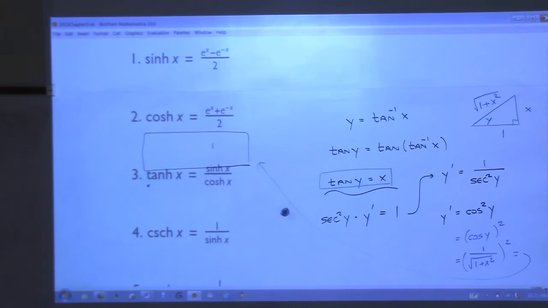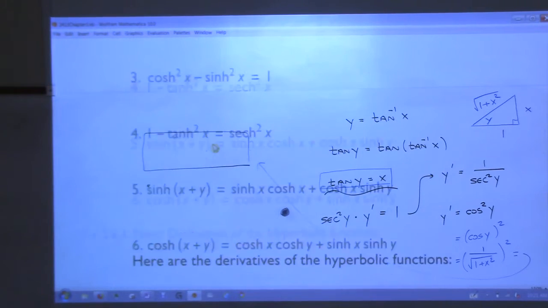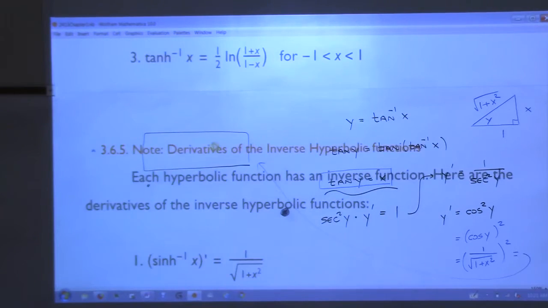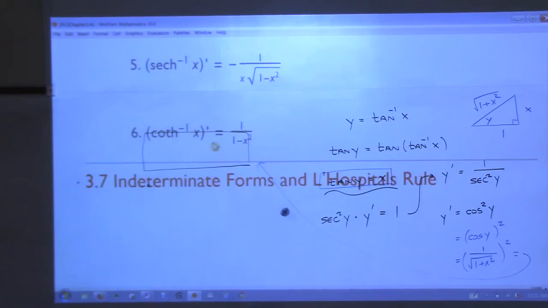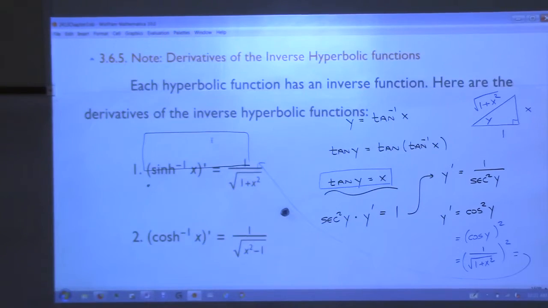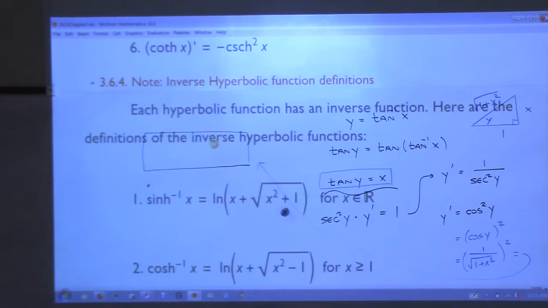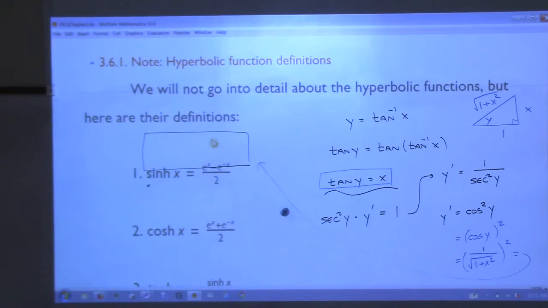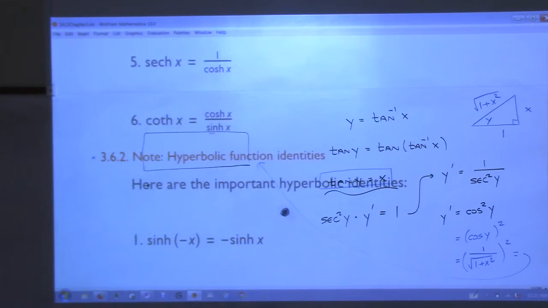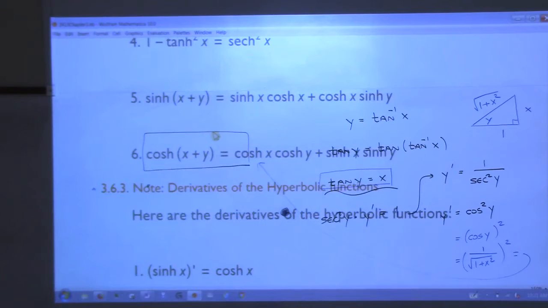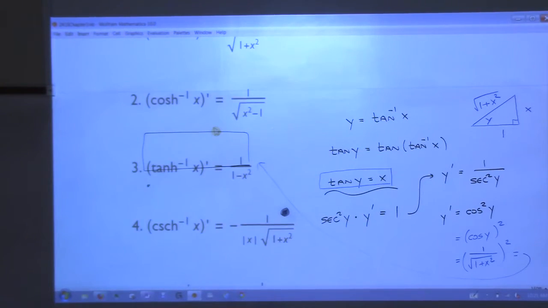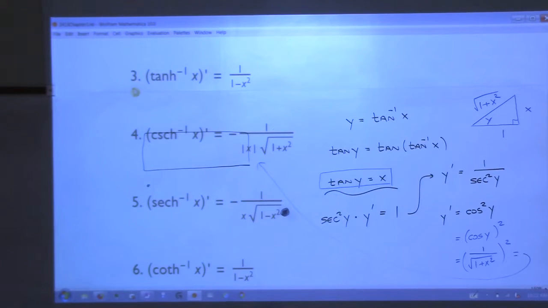These functions are actually pretty useful. In Cal 2 we talk about the hyperbolic trig functions, then we say each of those hyperbolic trig functions has an inverse, and they all have derivatives.